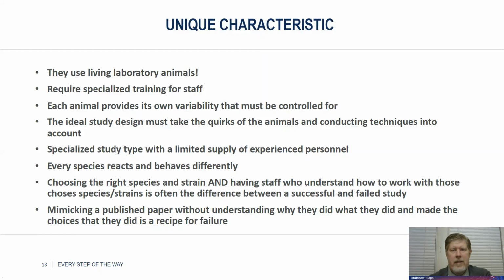And that tends to lead to a lot of reinventing of the wheel. But it also means what often happens is people without experience in the in vivo space, they find a paper that they feel is reflective of what they want to do. They don't have the background to understand why the decisions and the choices were made. And they basically say, let's mimic this.